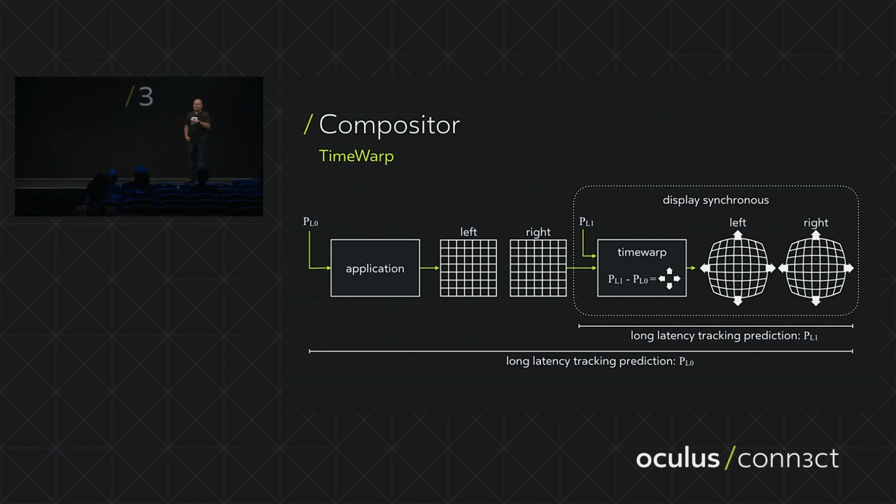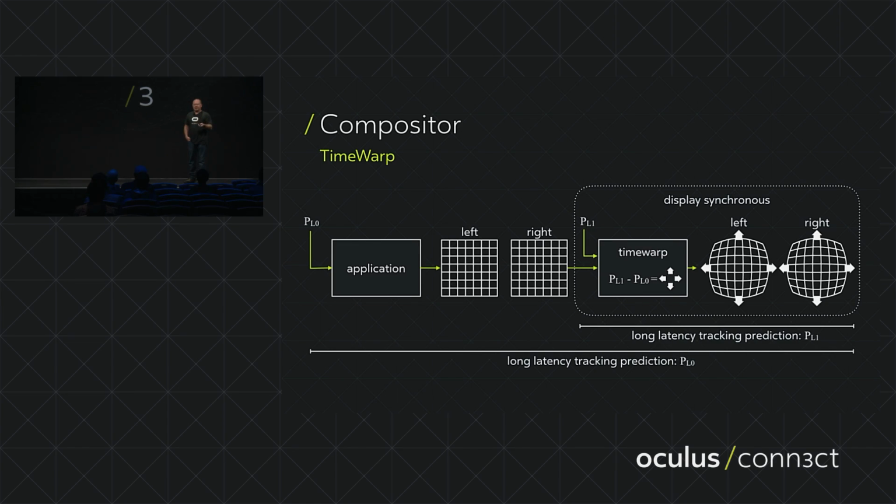And then inside this little dotted box is where submit frame happens. And now the Timewarp or the VrApi compositor has those frames. They're not yet finished rendering, and that's why we have to have a sync fence available with them. But then what we do is we look at it and say, OK, so these frames are ready to be displayed, or maybe they're not ready to be displayed.